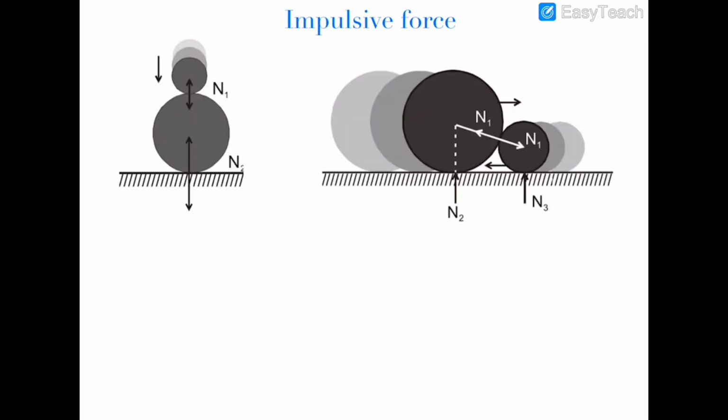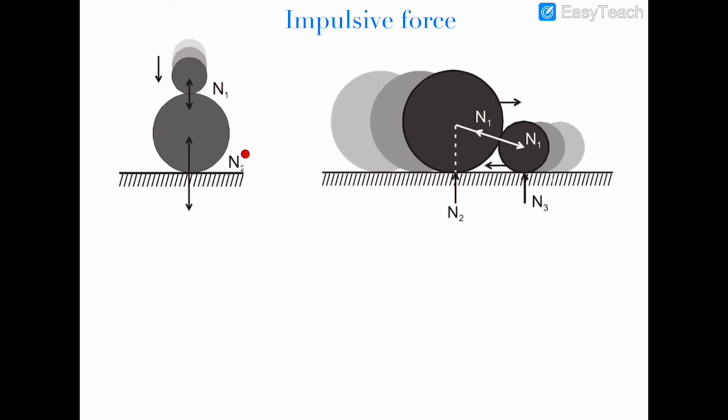Now in this case, this ball strikes the second ball. You can see that at the time of collision, a huge normal reaction is developed between these two balls, which is N1, and due to that, the normal reaction provided by the floor to this ball also increases for a short period of time.